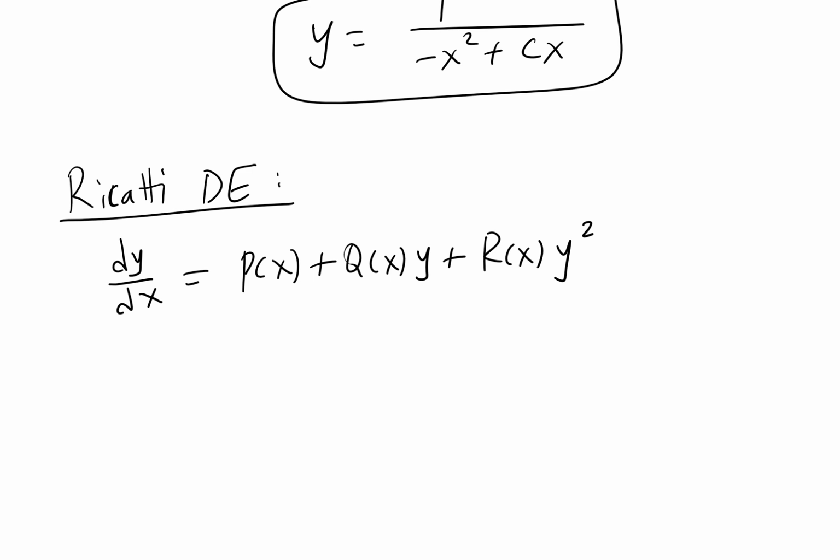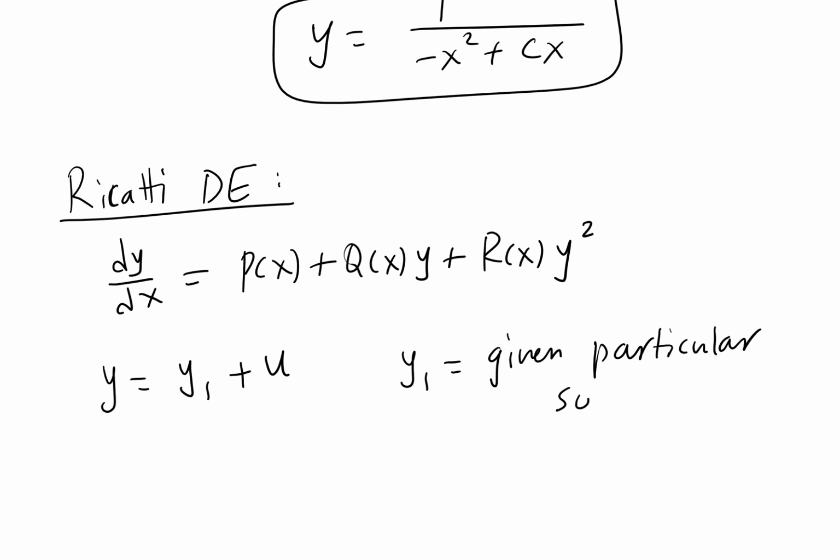Those kinds of equations can be solved using y equals y1 plus u, where y1 is a given, known particular solution. This will be given to us, and this trick will help us build the general solution for the differential equation.